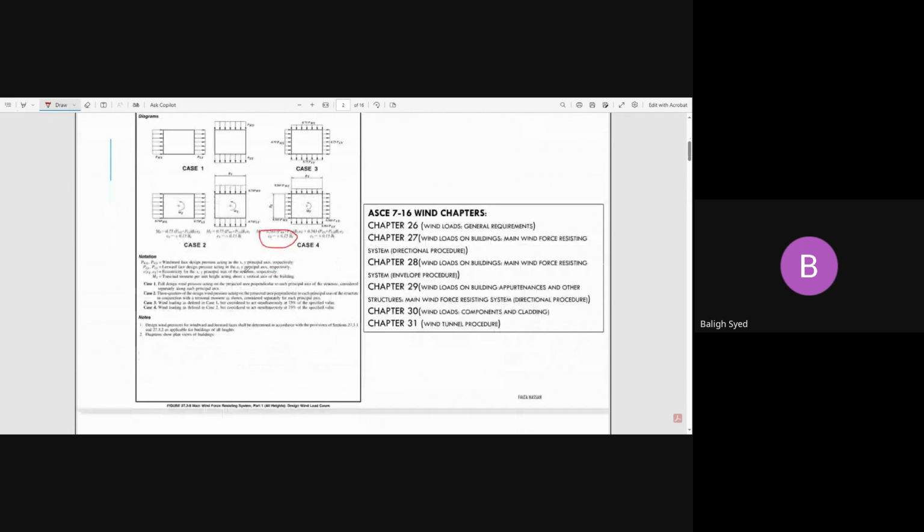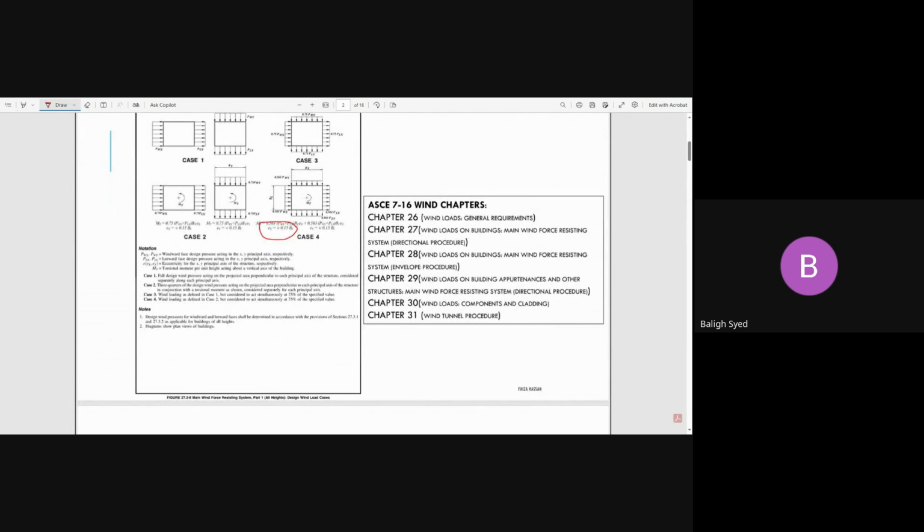The code is saying that whenever you are analyzing rigid structures, you have to design your lateral load resisting system for the torsion loading.